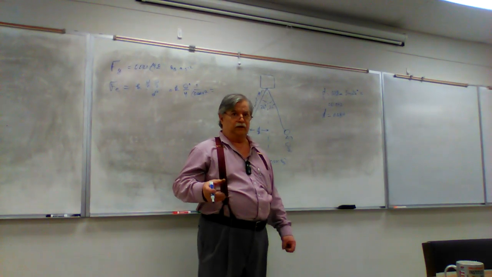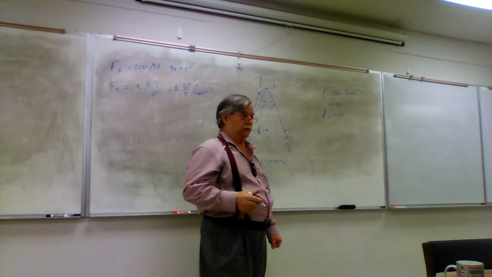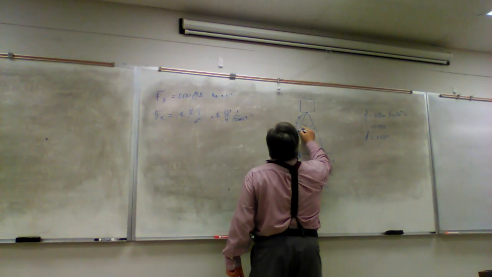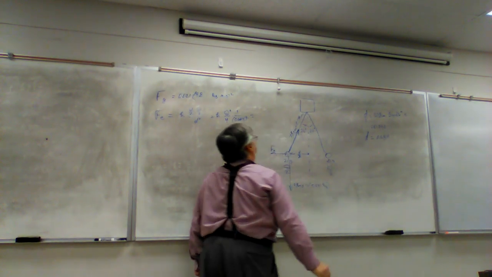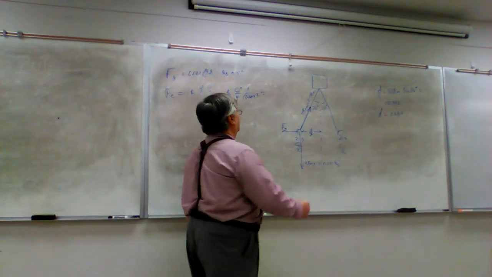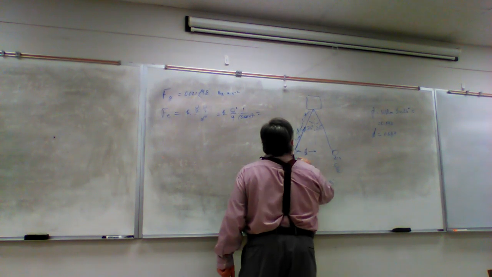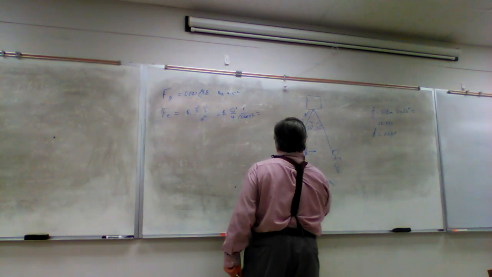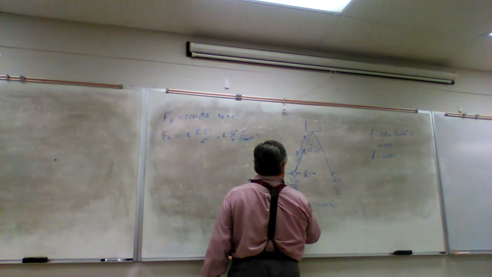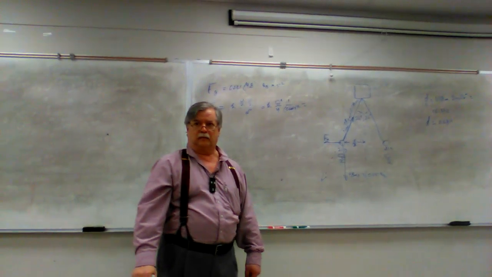If their acceleration is 0, then the sum of the forces must be 0. That means we need to know this tension in the wire. And that force of tension must be equal to the vector sum of these two forces.